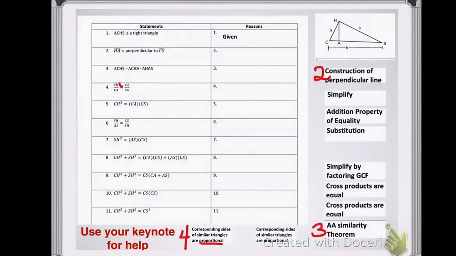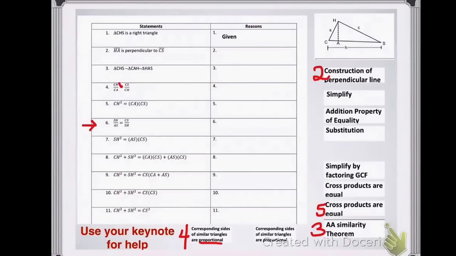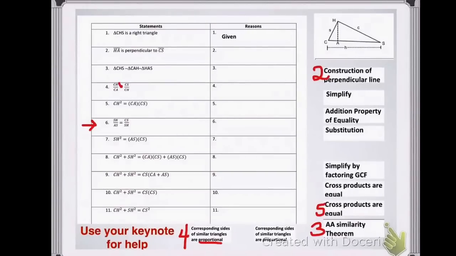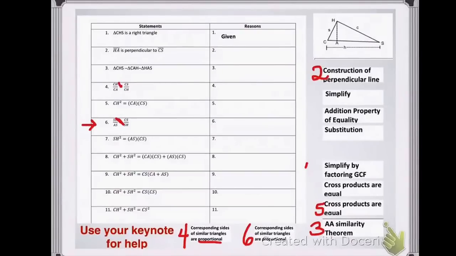I did that by multiplying, finding the cross products. 6, again, I have a proportion. SH over AS is equal to CS over SH. So those are corresponding sides are proportional. To get SH, I had to cross multiply. So those are cross products are equal.